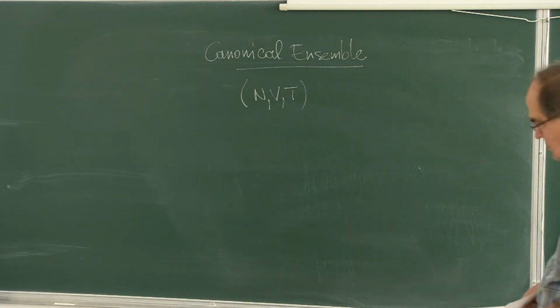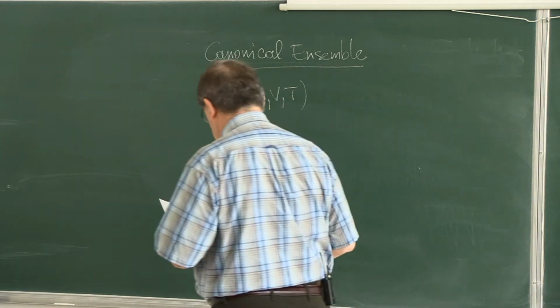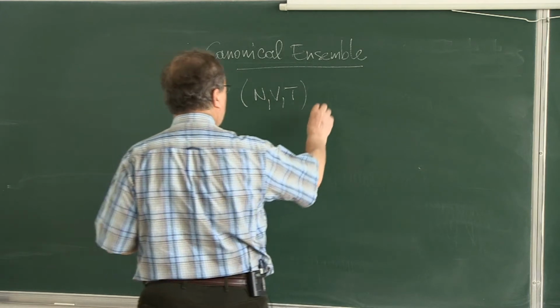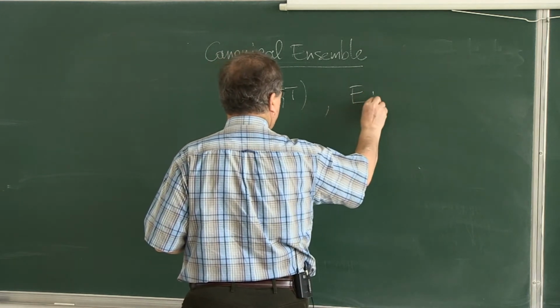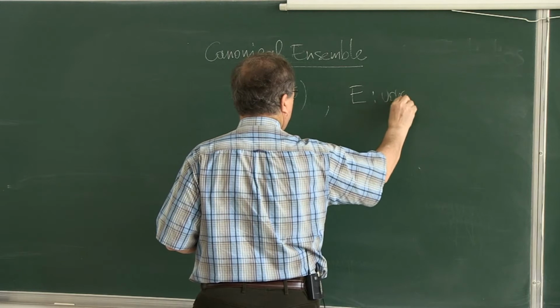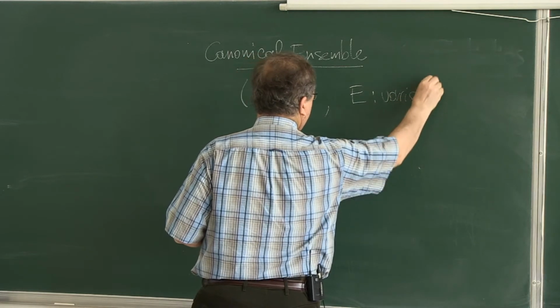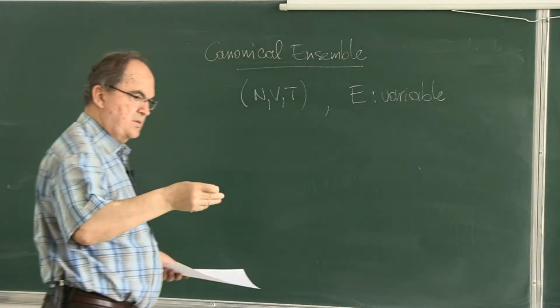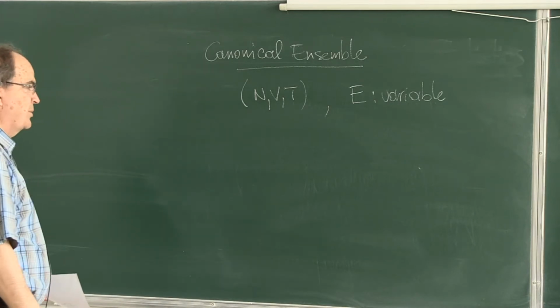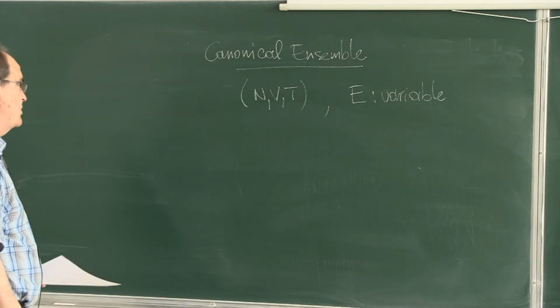The heat exchange will take place till the temperatures are the same, and the energy is variable in this. Energy is being exchanged. There will be some fluctuations in energy, although small.